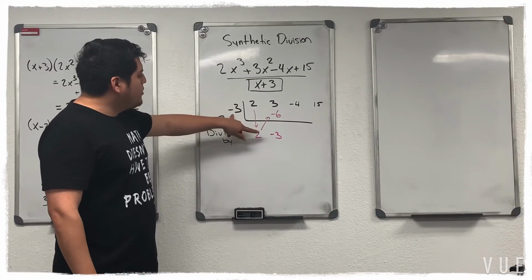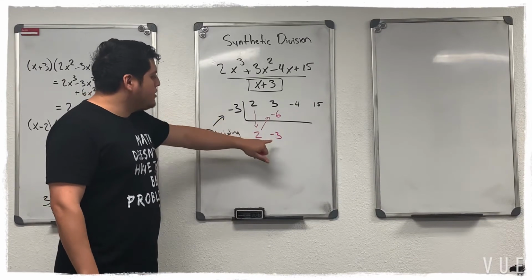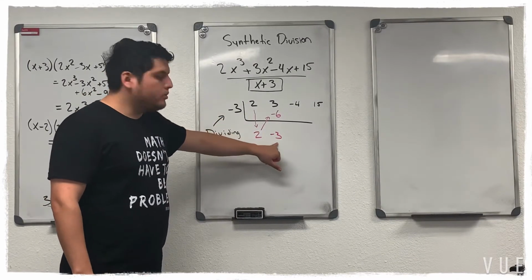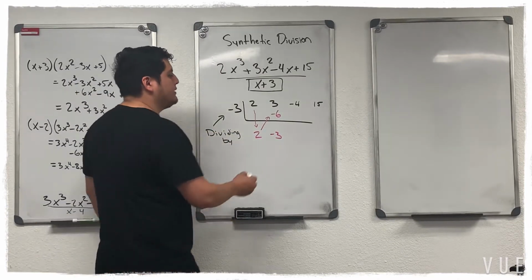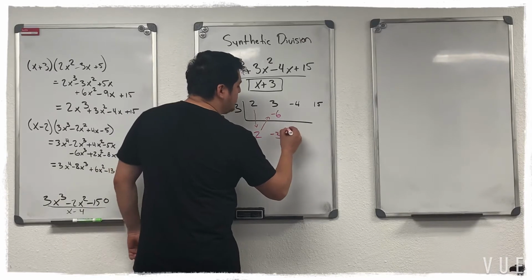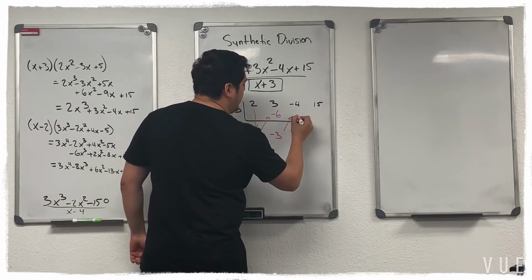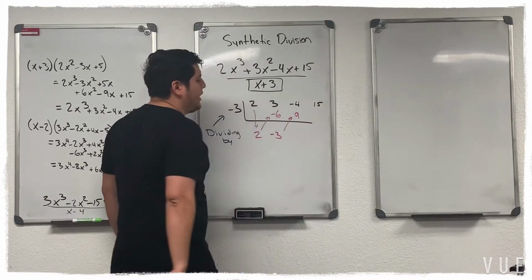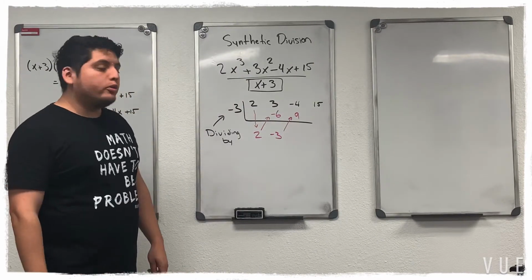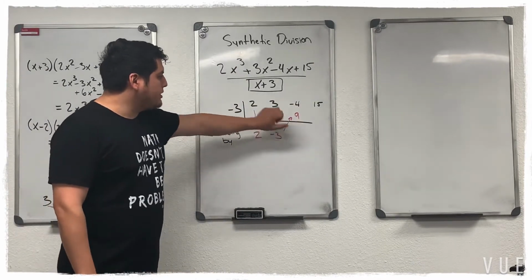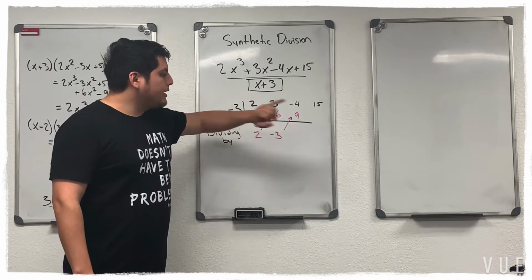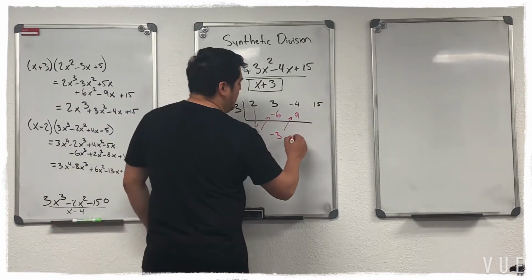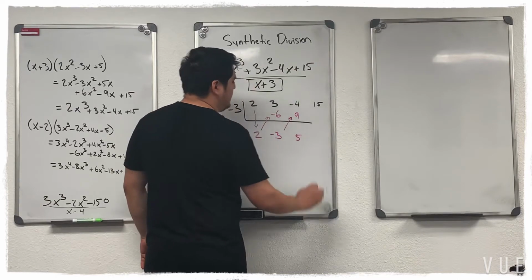The next thing you got to do is multiply that -3 once more, but with this new term over here. -3 times -3 is +9, and that solution, you're going to write right here, +9. You're going to do the same thing with these two terms. -4 plus 9 is +5.